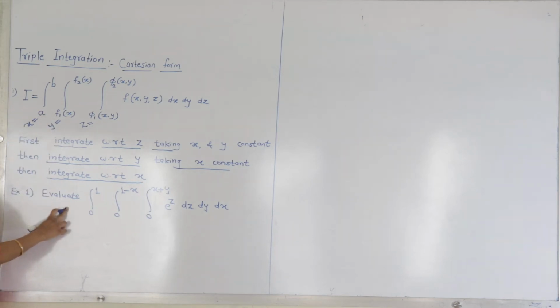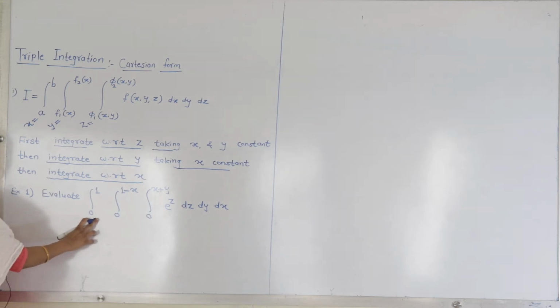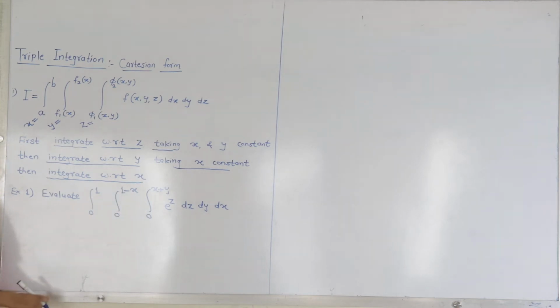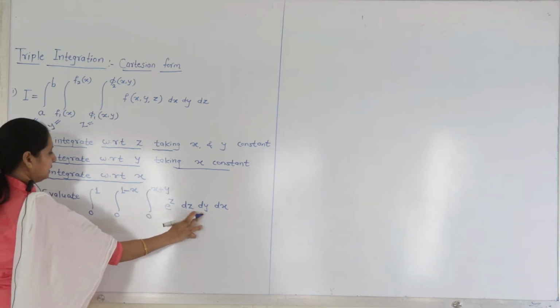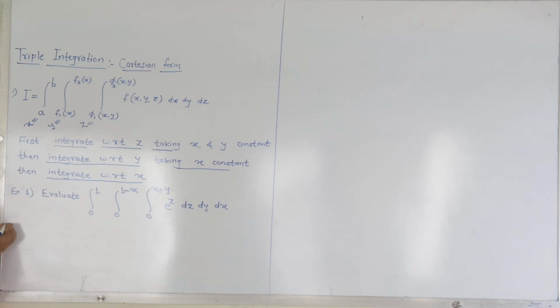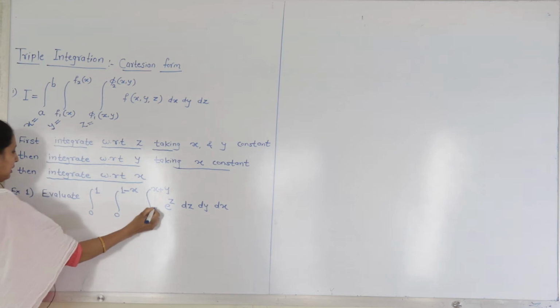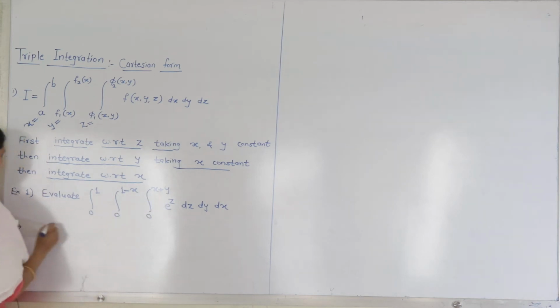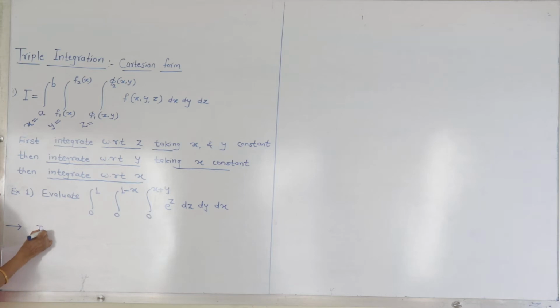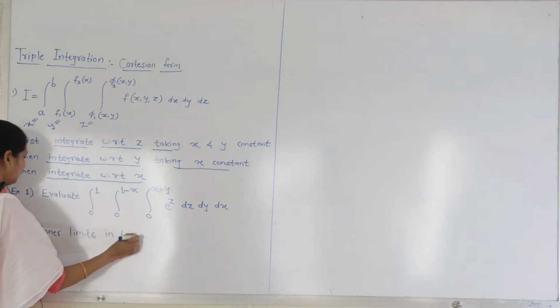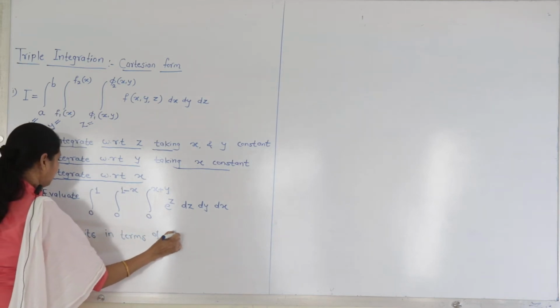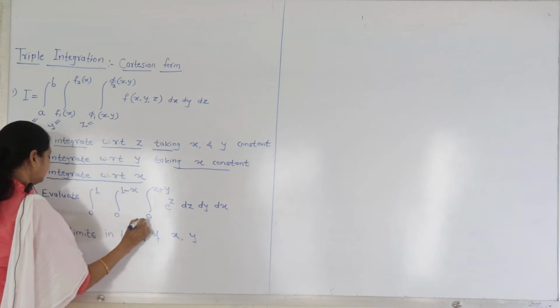Now similarly here, first question is evaluate the integration 0 to 1, 0 to 1 minus x and 0 to x plus y of e raised to z dz dy dx. Now first limits, inner limits are in terms of x, y.